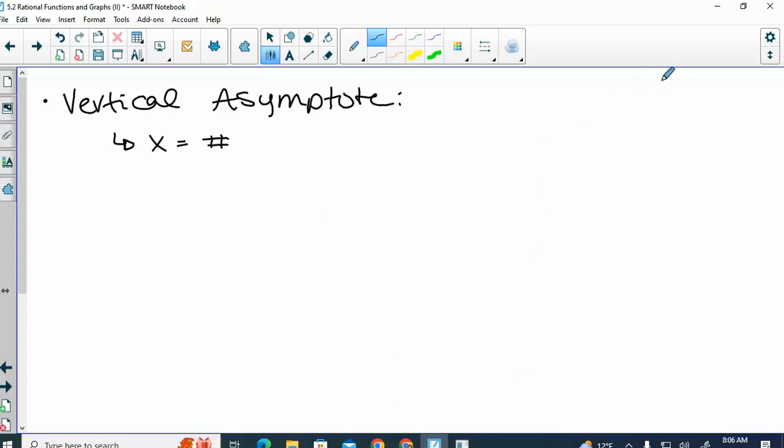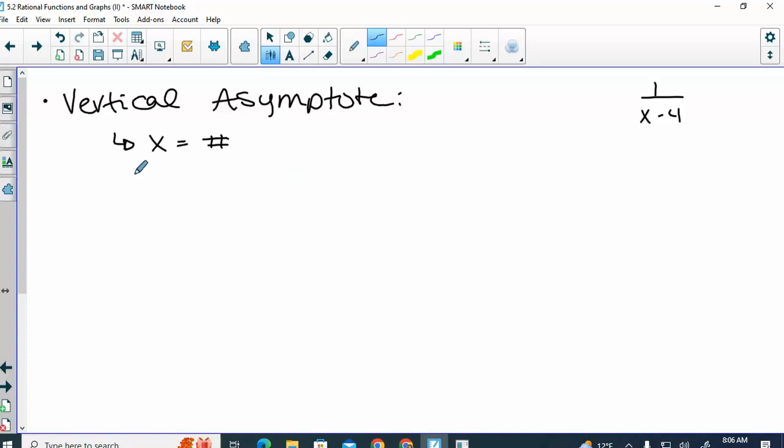If I said like we had 1 over x minus 4, where would your vertical asymptote be? 4. Why? It moves it right 4. When you're looking at the domain of this, what can x not be? 4, because it makes the denominator 0.